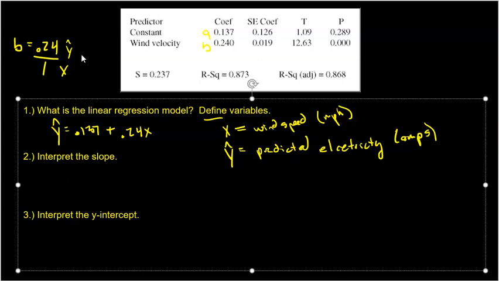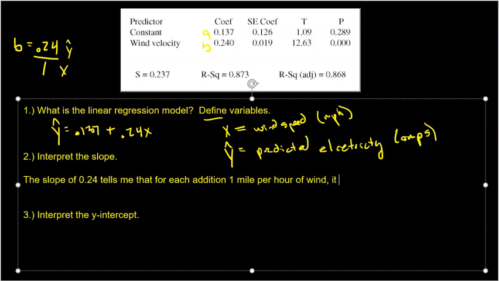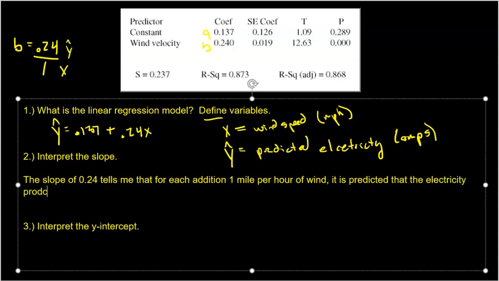All right, so if I'm interpreting the slope, I'm going to say the slope of 0.24, and look, I already have a typo there. The slope of 0.24 tells me that for each additional 1 mile per hour of wind, it is predicted that the electricity produced increases, because it's positive, by 0.24 amps.